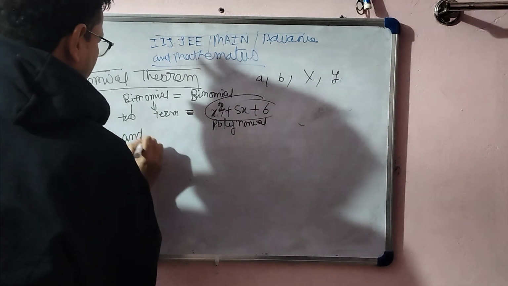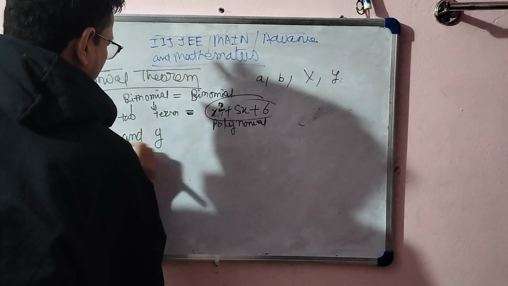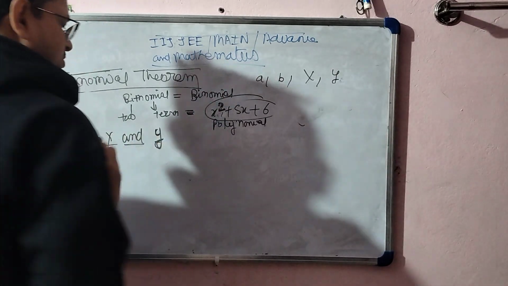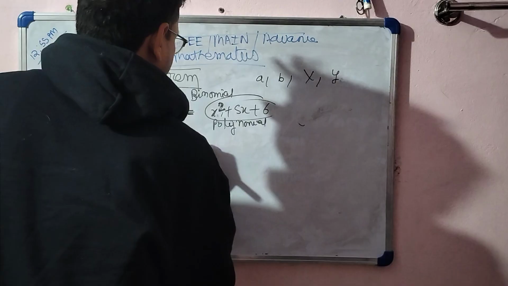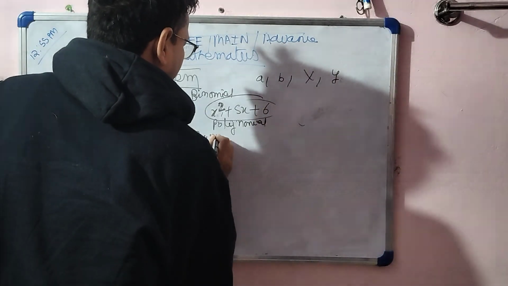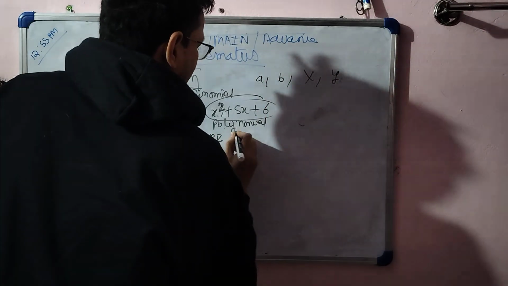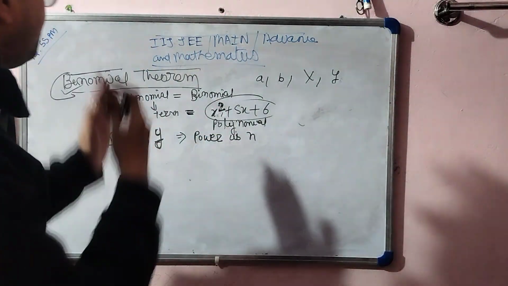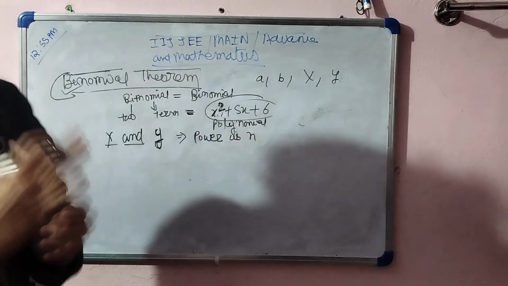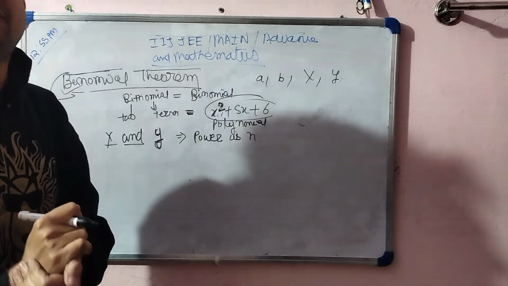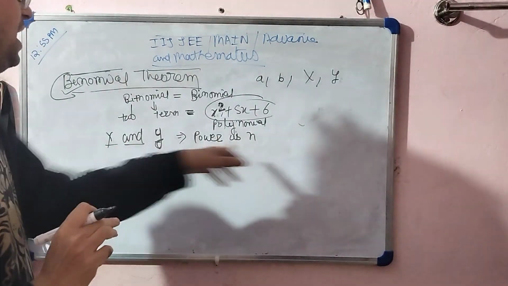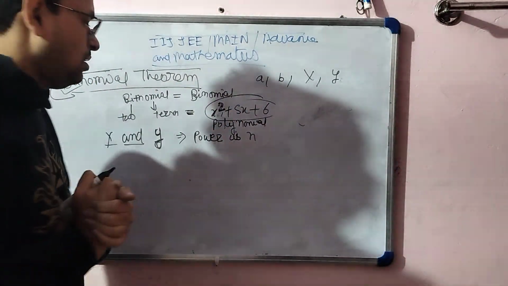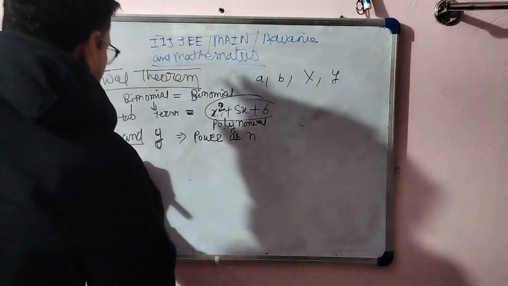The two terms are x and y. The power is n. This is the general term; we can say the main general formula or standard formula of binomial theorem: x, y, n. We can say x plus y to the power n.